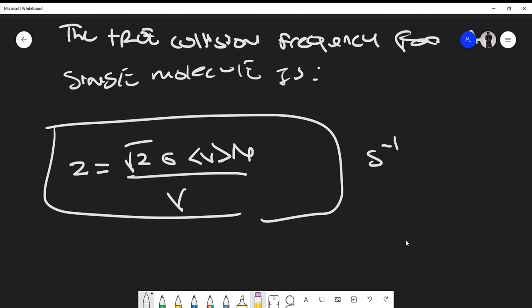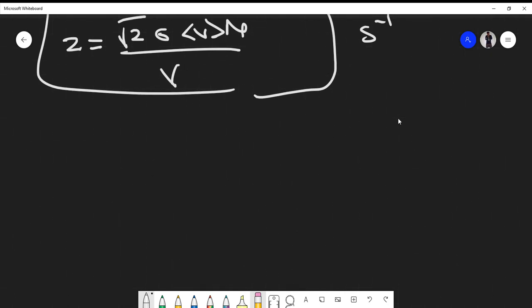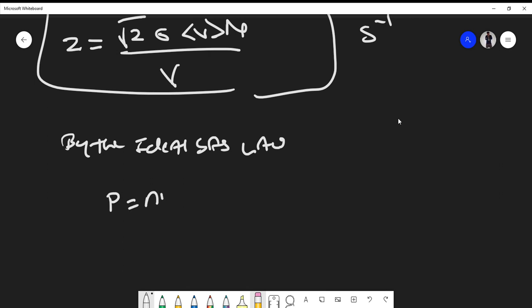Now, if we take this a little further, by the ideal gas law we know that P is equal to nRT divided by V, where n, the number of moles, can be expressed as the number of molecules divided by Avogadro's number.